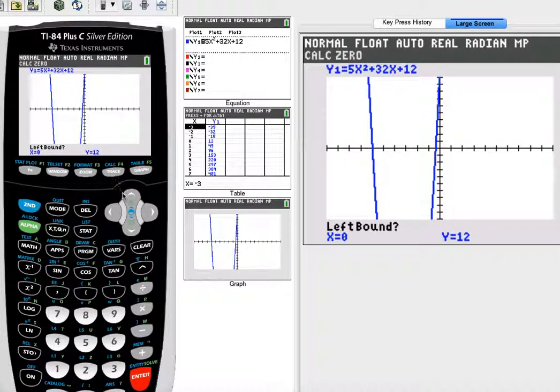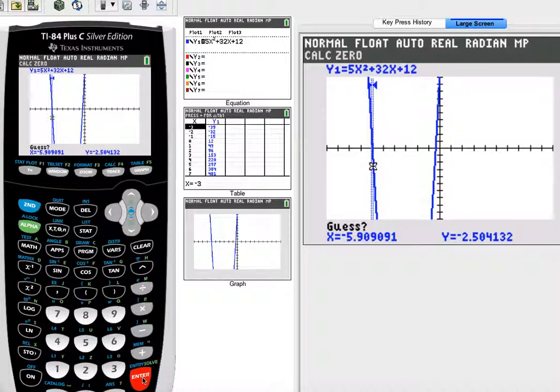So then we want to surround the point. To surround the point, you need to move your cursor, and you have to figure out where it is. Mine's way up there. I have to use the left arrow to bring it around. I want to be on the left side of the point that I want. So there it is on the left side. I'm going to hit enter. And then I want it to be on the right side of the point that I want, which is right there.